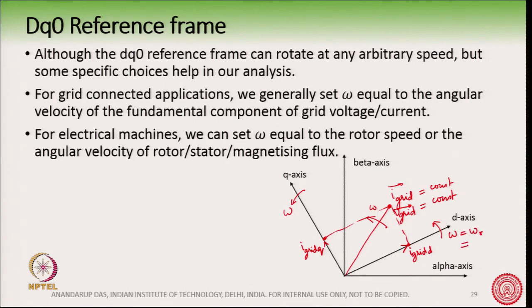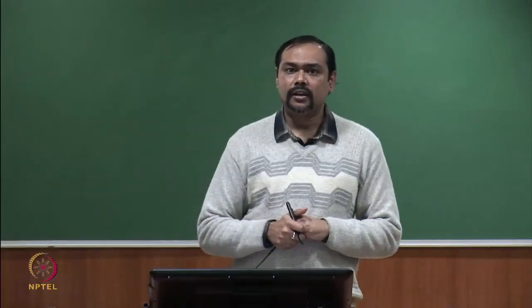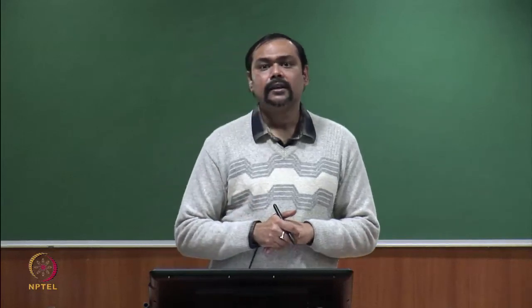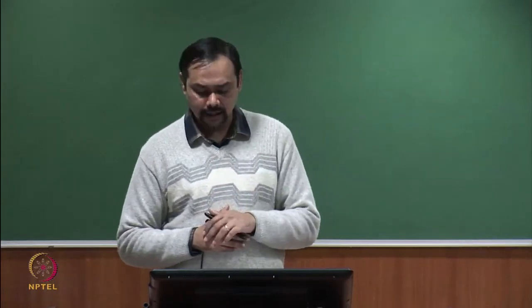We can set the speed of the d axis as the omega of the flux, say stator flux or rotor flux or magnetizing flux. So, these are different. Rotor speed is slightly less than the rotor flux speed. So, in field oriented control with rotor flux orientation, you can set the d axis at the same speed as the rotor flux, but the rotor speed may be a little bit different. It is slightly less than the flux.